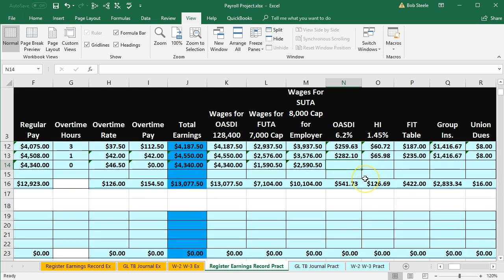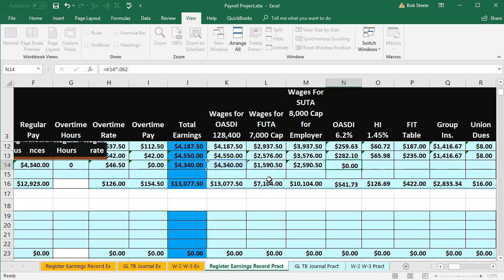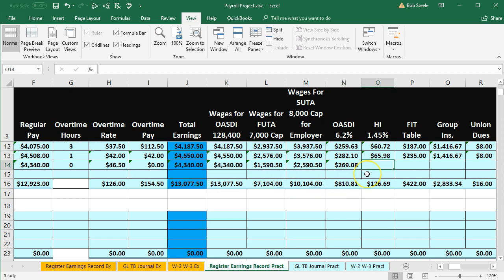The OASDI will equal the OASDI wages times 0.062. Tab. The HI or Medicare will equal the total earnings times 0.0145.